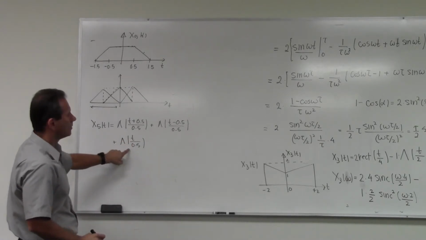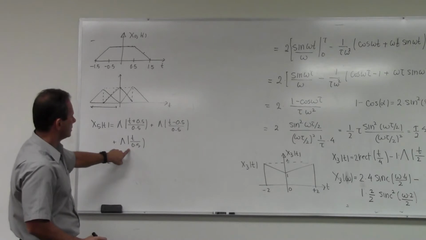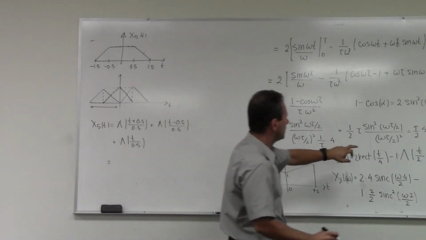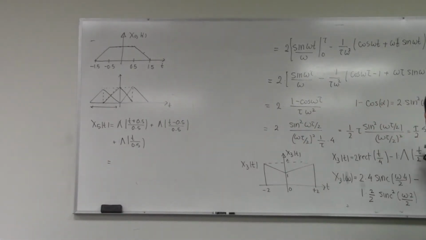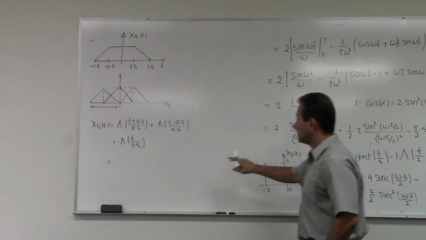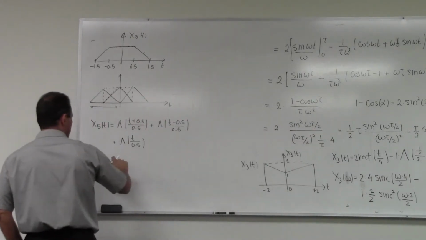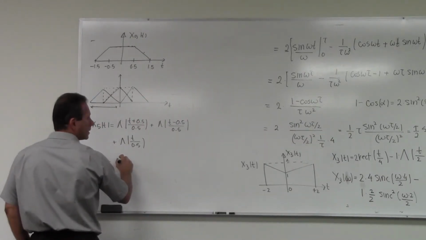The Fourier transform of this triangle is given here. The tau in this case is equal to 0.5. So let me just do this one here first. So this is 0.